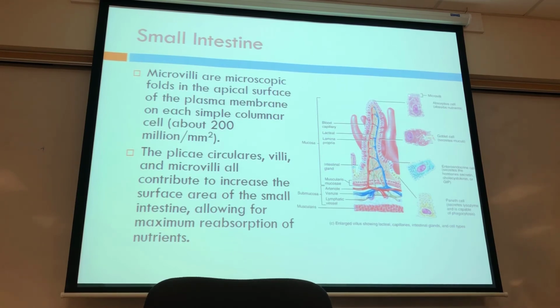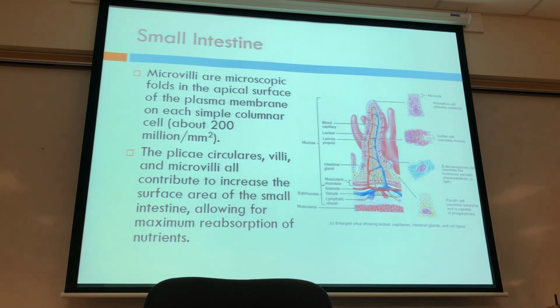All they do is just to increase the surface area on a cellular level. So what that does, for each columnar cell present on these villi, increases that surface area quite a bit. So now that gives us more absorption that can take place.